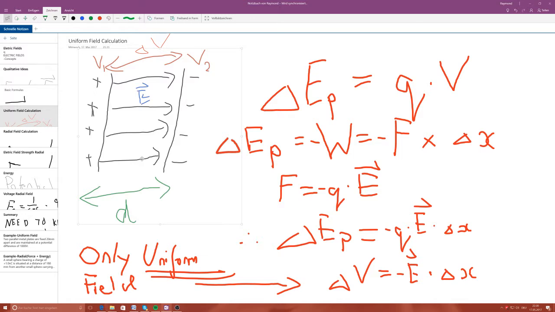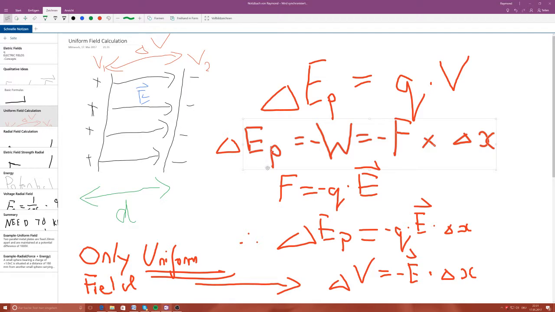So the way we do this is we go back to our roots of electricity and circuits with a common formula that energy, or delta energy, is equal to the charge times the voltage. From there, what we also know from mechanics, and also in general, is that energy is the negative of work, and work is force times distance, or maybe if you've gone into a bit of calculus already, the integral of force with respect to distance.